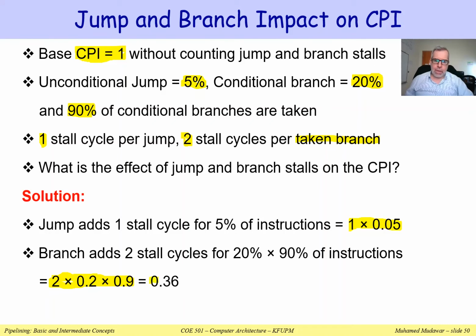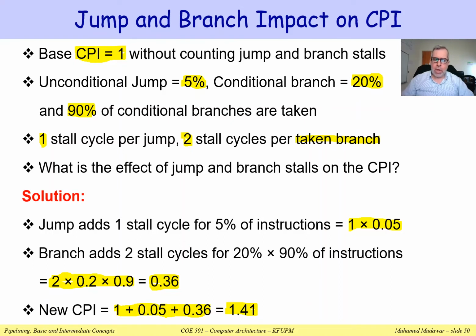So we get 0.36. Therefore, if we would like to calculate now the new CPI, counting the jump and the branch stall cycle, the new CPI will be 1 plus the 0.05, which is caused by jump instructions, plus the 0.36, which is caused by the taken conditional branch instructions, and therefore the new CPI will be 1.41.